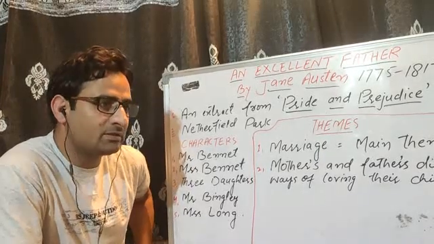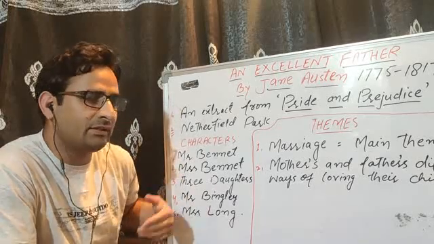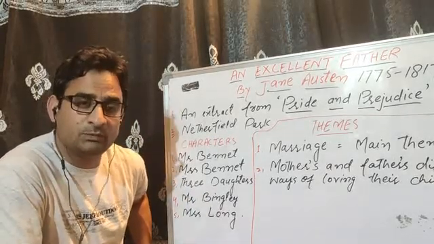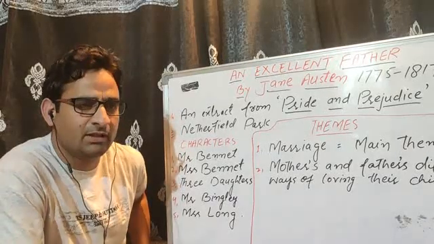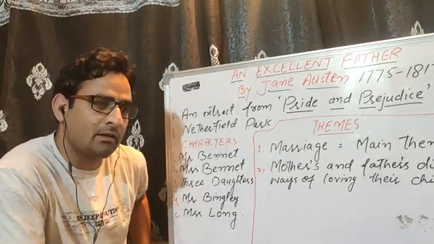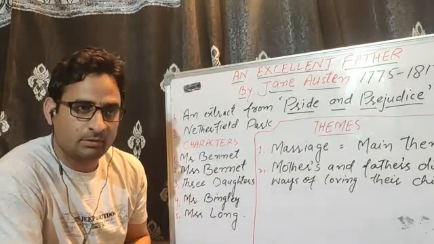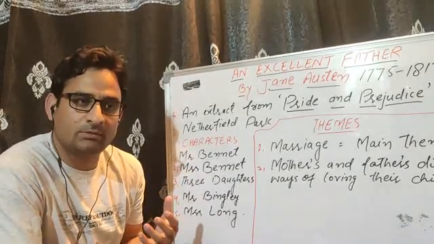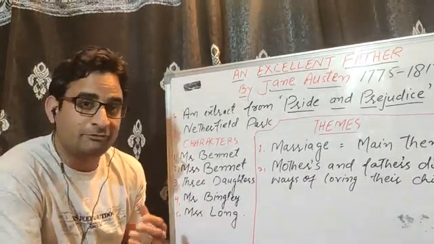It is because the novel is written in the 19th century, where there was a custom that property was taken by male members of the family and not by female members.